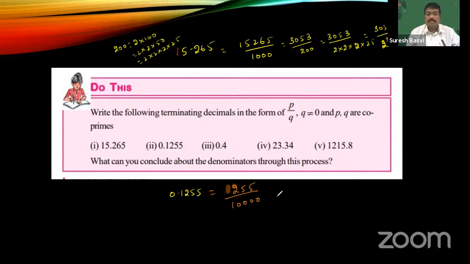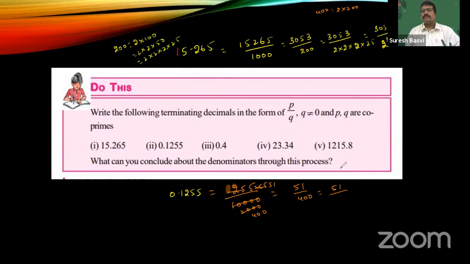It can be written as 51 by 400. 51 and 400 are co-primes. 400 can be written as 2 into 200.